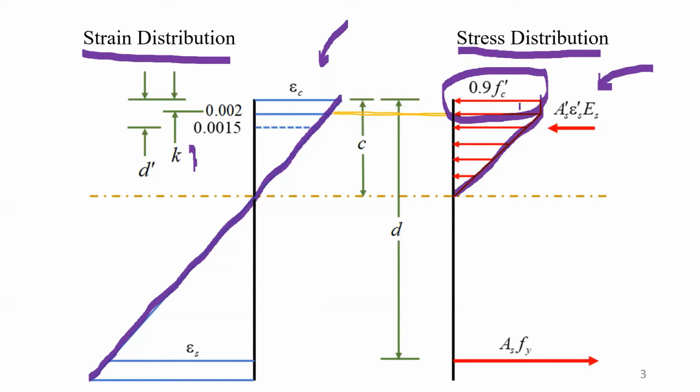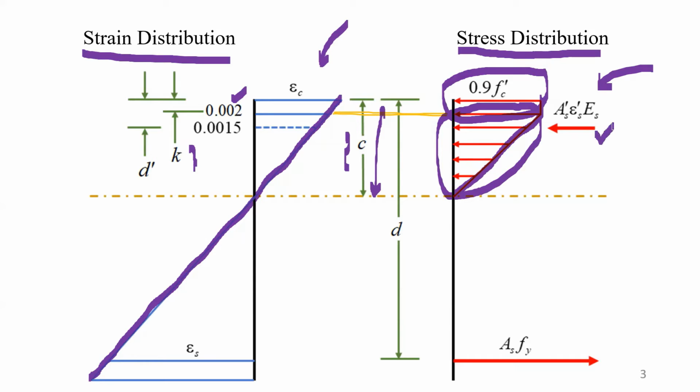2. When the concrete behaves in an elastic manner up to strain 0.002, and the distance in this case will be C minus K. Notice that both C and K are unknown. 3.